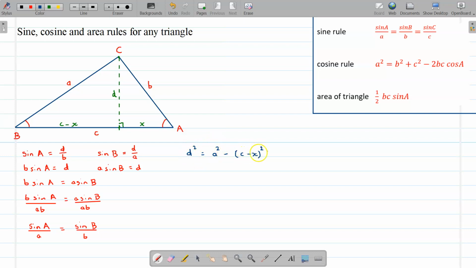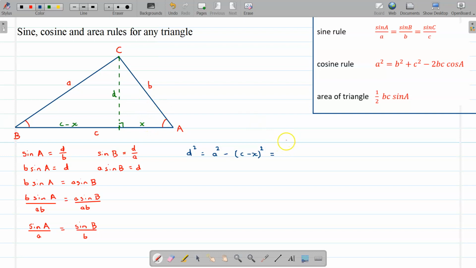And I also know, using the other right angled triangle on the other side, that's this one here, that d squared is b squared minus x squared.